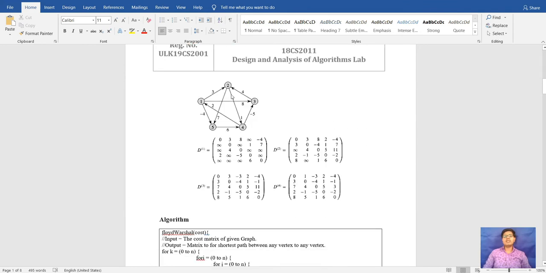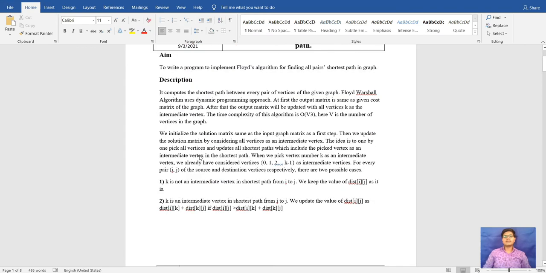When we have to go from this to this, it will be infinity, and it will find the shortest path in the graph.